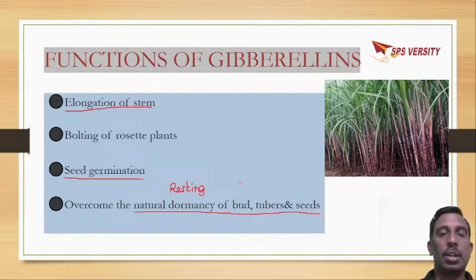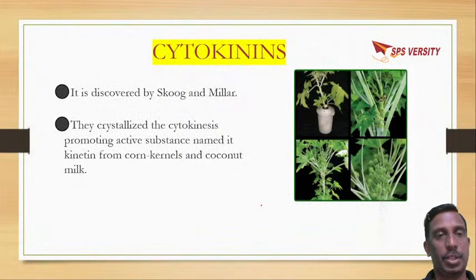Seeds require some favorable conditions, but even when provided with them, they don't germinate. That is called dormancy of buds, tubers and seeds. It can be overcome by gibberellins. So far we have studied auxins and gibberellins.